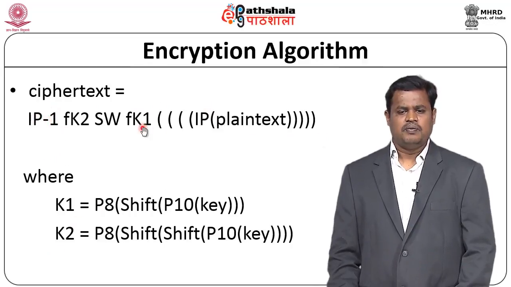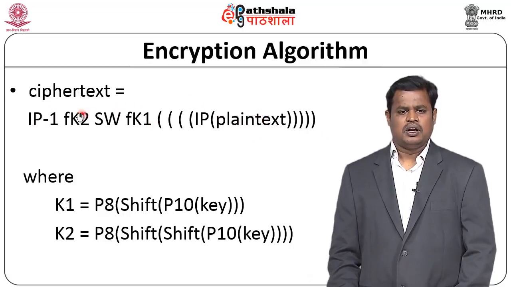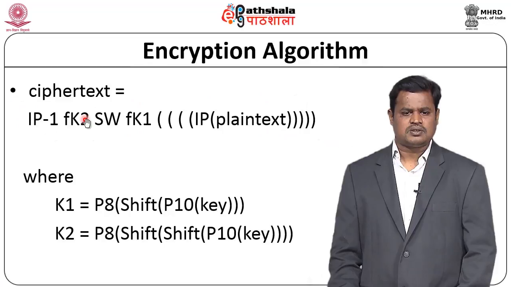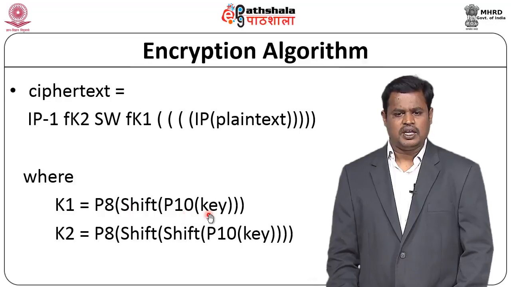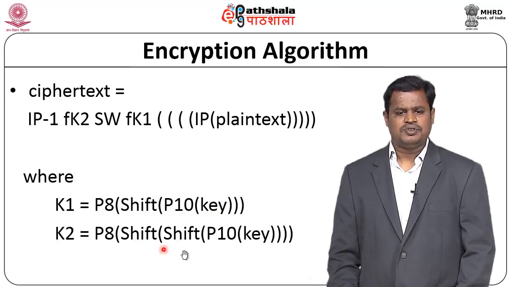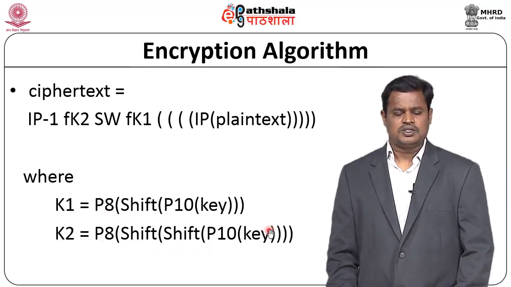That is why we have to read from the inner brackets to the outer. This is how we generate the ciphertext, where K1 and K2 are the keys for round 1 and round 2. We also note that it is the shift of P10 of the key, and here we have 2 left shifts, which gives the resulting key K2 of round 2.